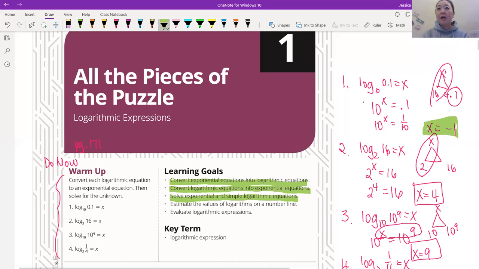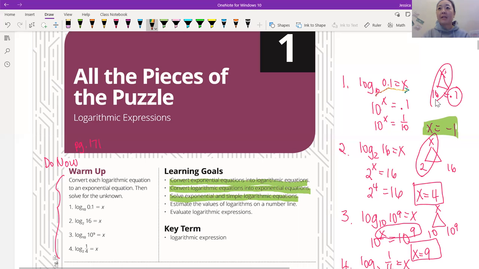So make sure, as it says right here, to convert each logarithmic equation to an exponential one. So logs to exponential. If you remember the triangle of power, at first I was a little hesitant about this, but I really do like it. So if you look right here, it's 10, .1, and then x.